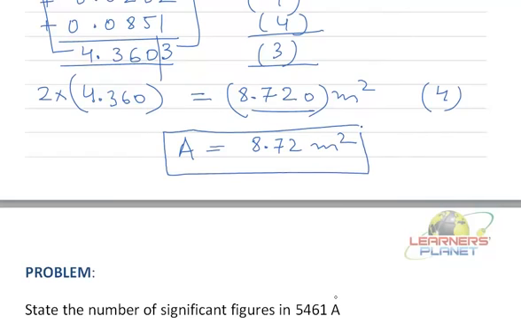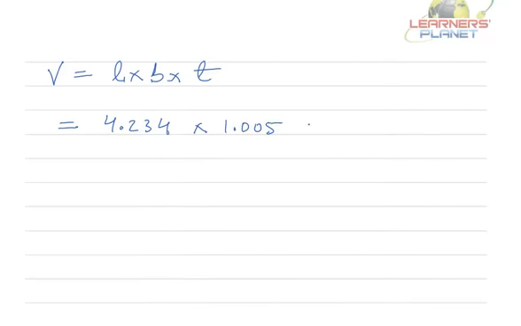Now let us calculate what would be the volume. Now volume is given by the product of length, breadth and thickness. Okay, so the length is 4.234, breadth is 1.005 and thickness is 0.0201.